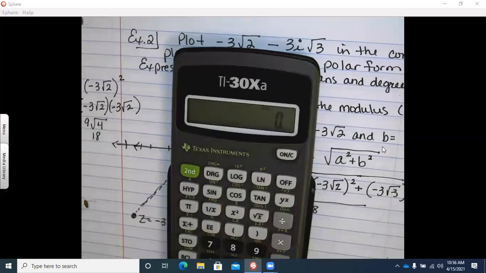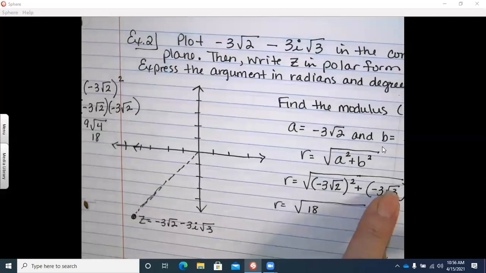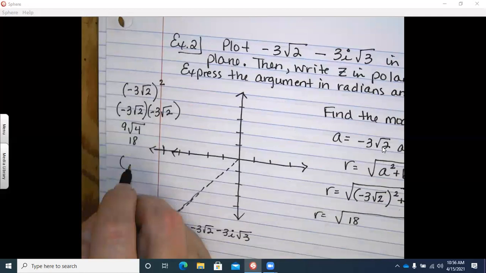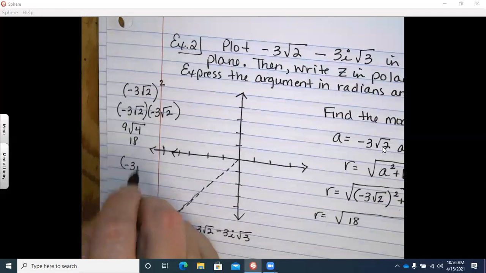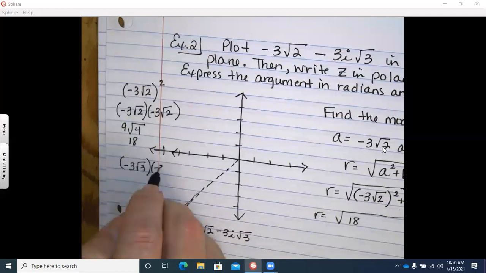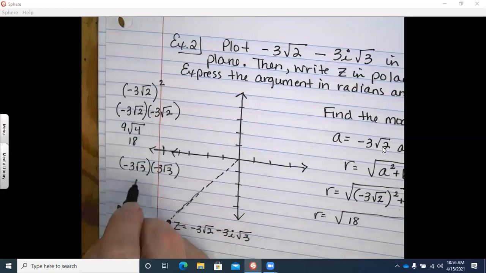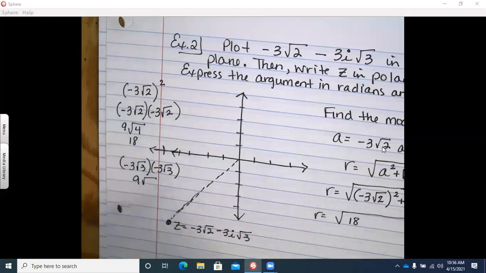So with b squared, negative 3 square root of 3 quantity squared. So that's negative 3 square root of 3 times negative 3 square root of 3. Multiply what's on the outside together. Negative 3 times negative 3 is 9 times the square root of 9. Well, 9's a perfect square.